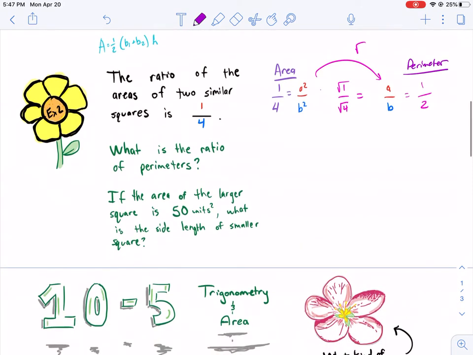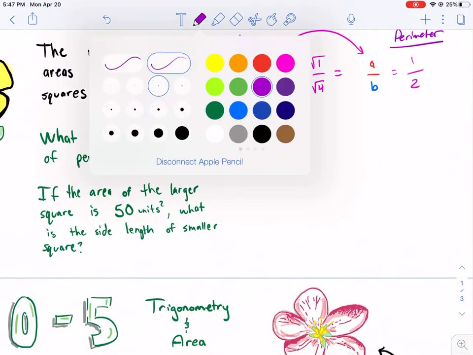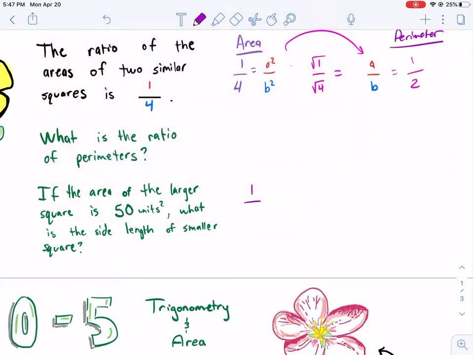Okay? Now let's use this information. If the area of the larger square is 50 units squared, what is the side length of the smaller square? So what we need to do here is set up a little ratio. We already know that the areas are 1-to-4.